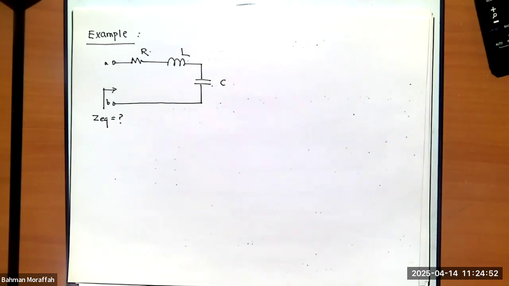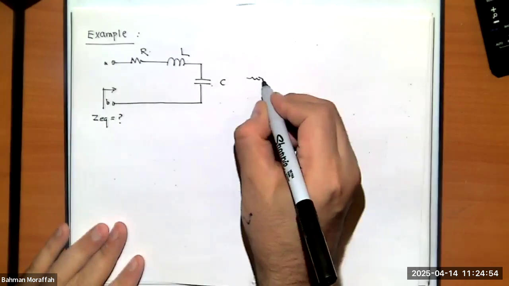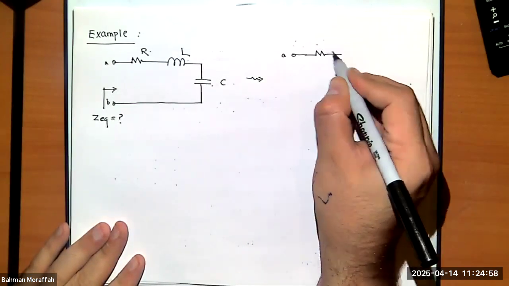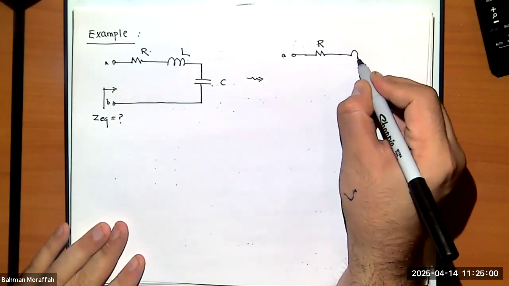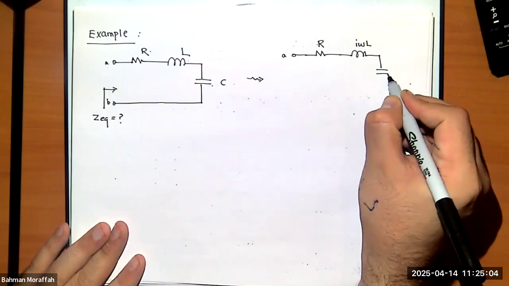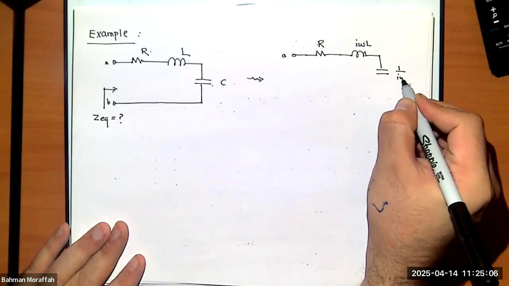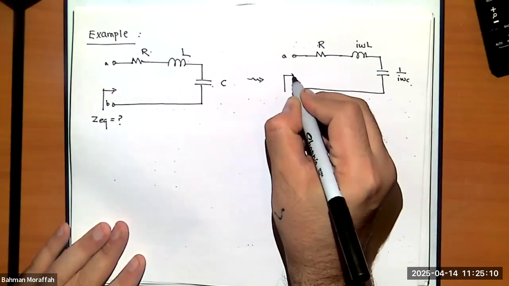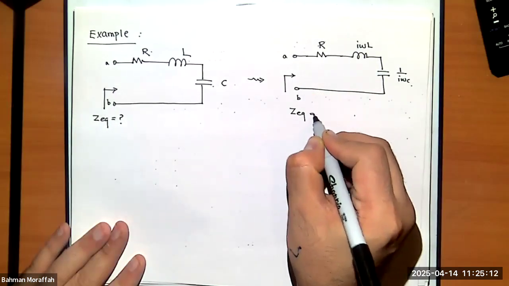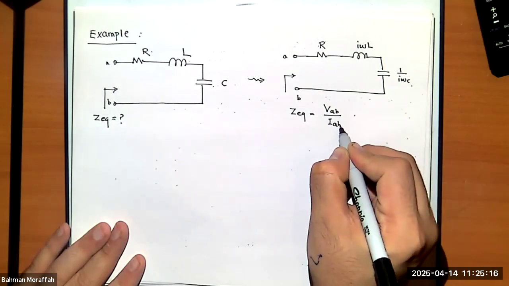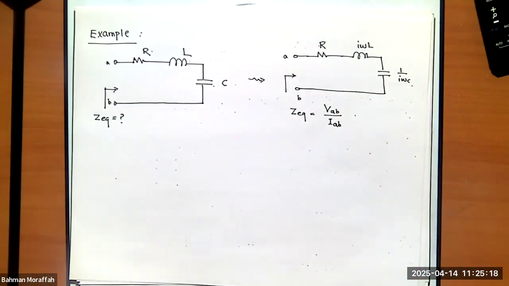So if I take this to the frequency domain, the resistor is the same, the inductor becomes i omega L, the capacitor becomes 1 over i omega C, and this is B. To find the equivalent, I need to find the voltage across AB and divide by the current through AB. Right?